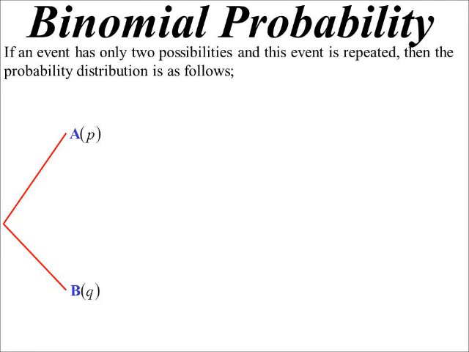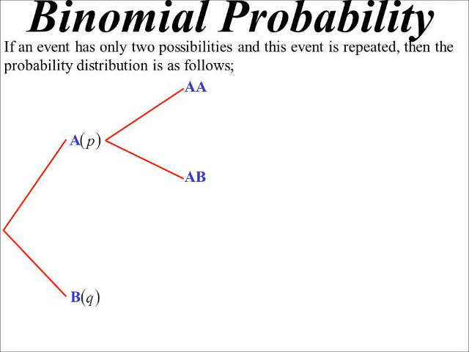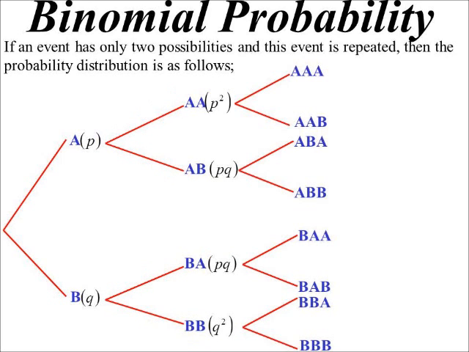If I do it again, well, if I did start off with A, I'd branch off to AA or AB. If I started with B, I'd go to BA or BB. So the probability of AA would be P squared, then PQ, Q squared. Branch off again.